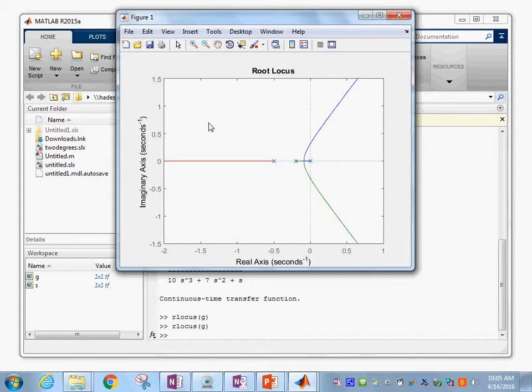Now, how in the world is this important for design? The thing is, with a certain value of K, you already know that your system is stable or unstable, but not only that, you know by clicking in here what the damping is, what the overshoot is.